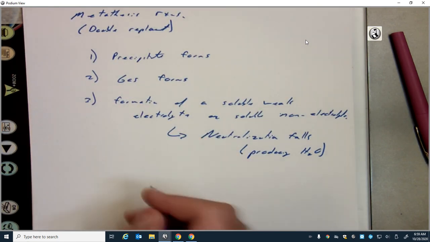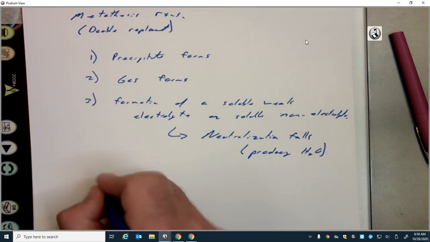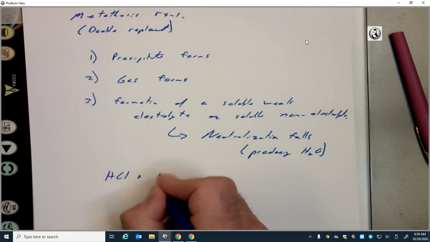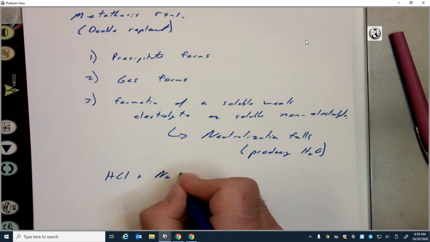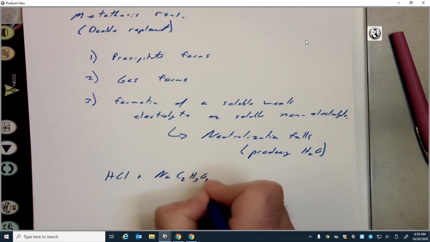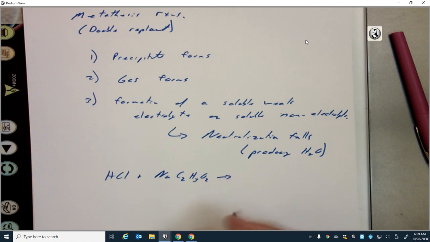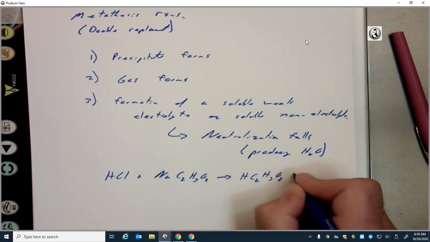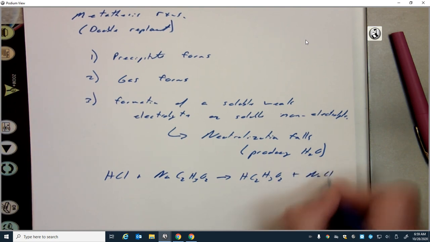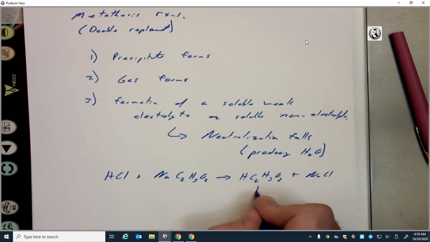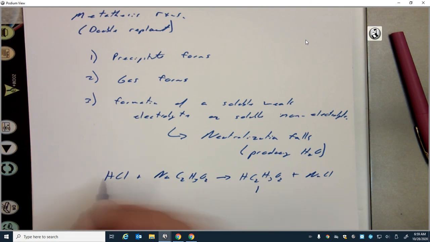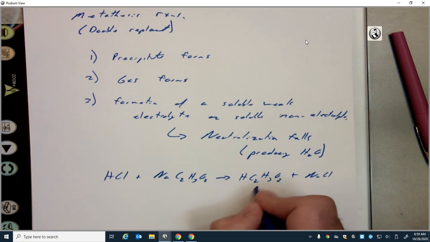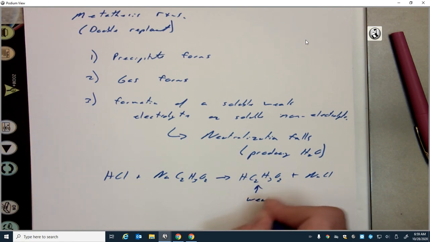Now, another example of this one would be something like this. If I take HCl and react it with sodium acetate, NaC2H3O2, it will produce HC2H3O2 and NaCl. Okay, so this is a metathesis reaction. It's double replacement. It happens because this right here is a weak acid.